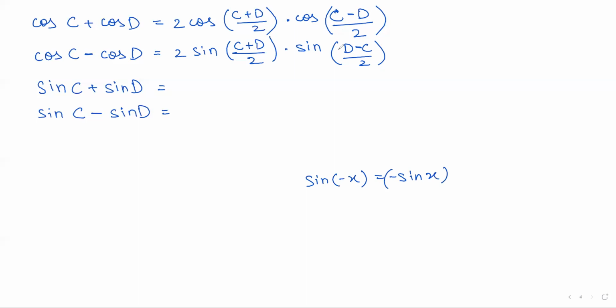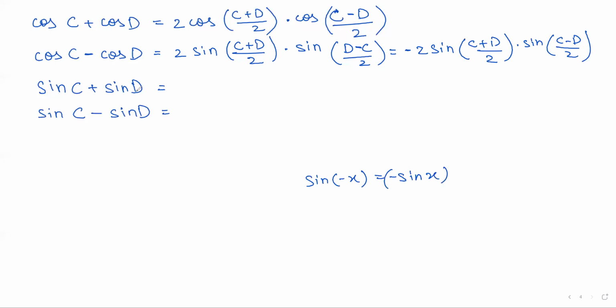So if you take the minus sign common inside the angle part, then that minus sign will be introduced outside sine. So it can be rewritten as minus 2 sine of (C plus D) upon 2 into sine of (C minus D) upon 2.